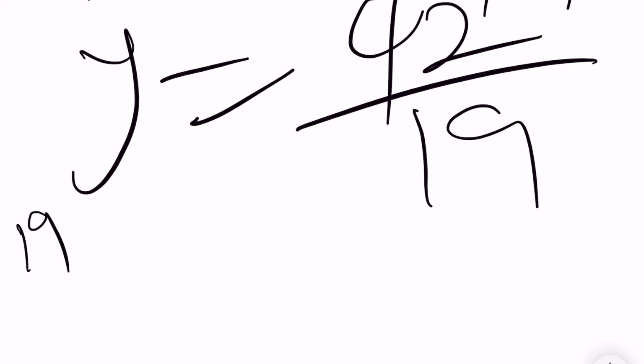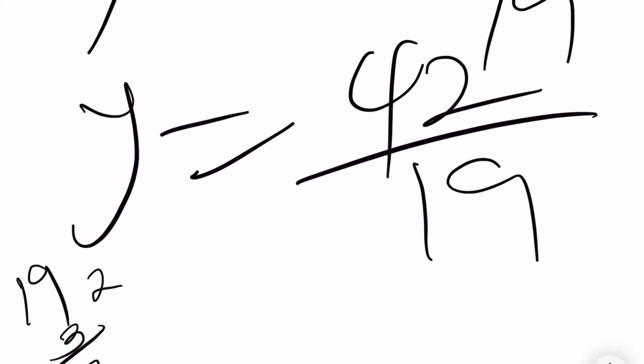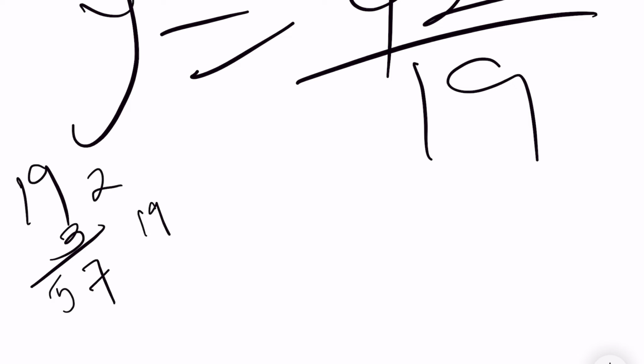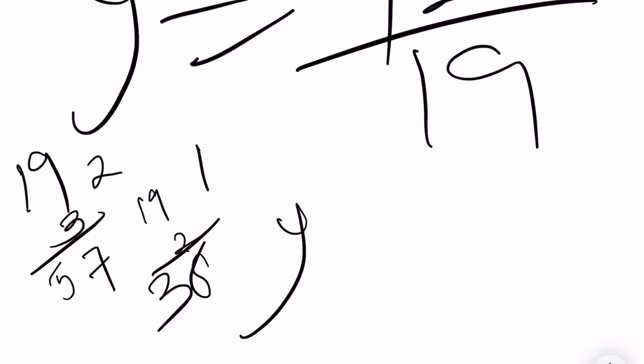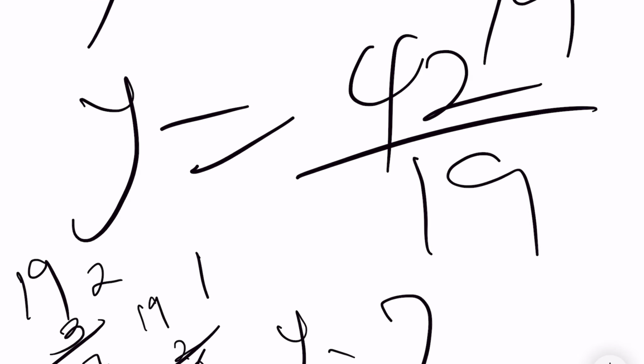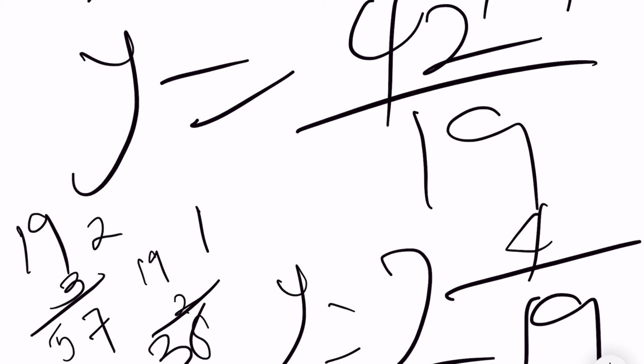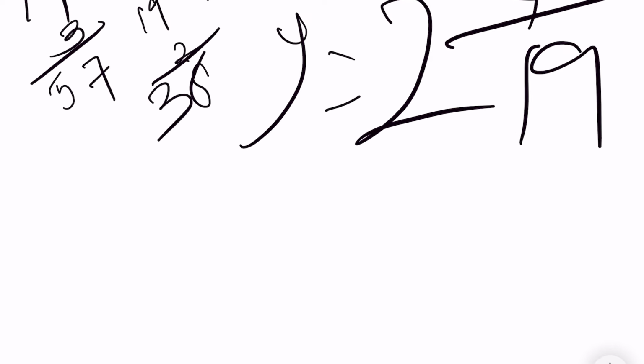So 19 in 3 places. 19 times 2 is 38, 42 minus 38 is 4. So we have y to be 2 whole number 4 over 19.